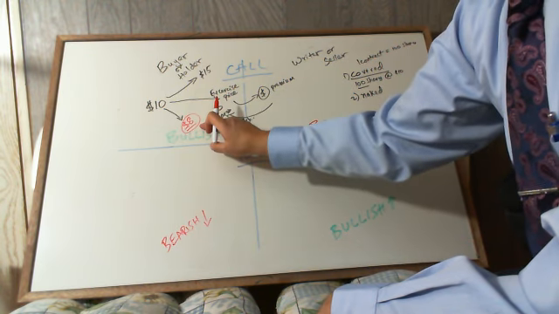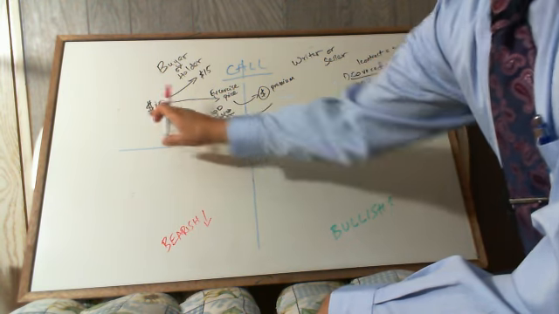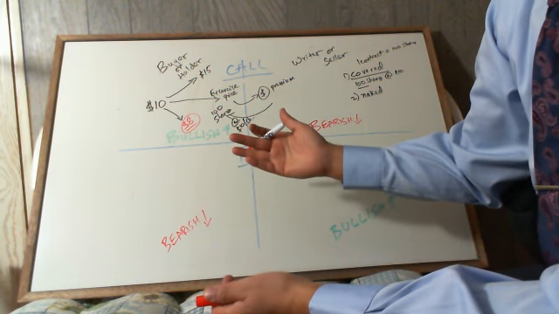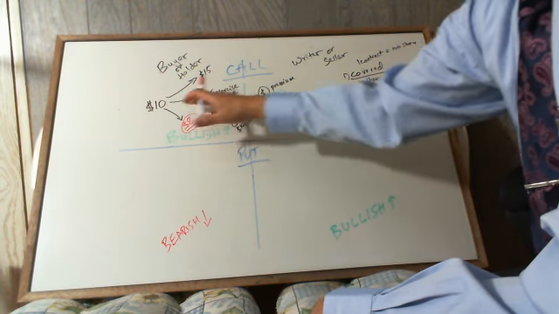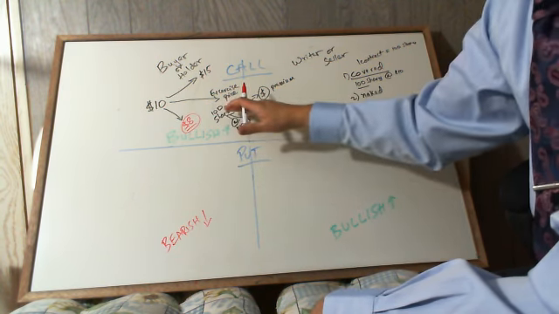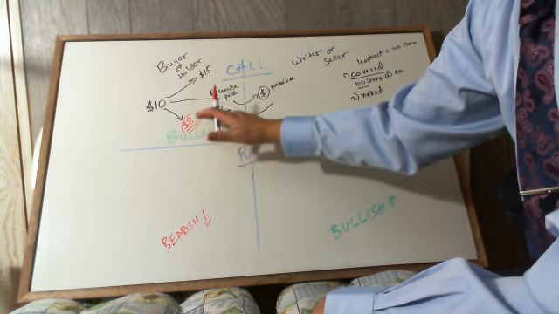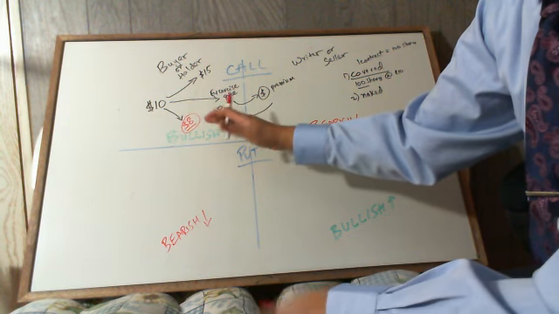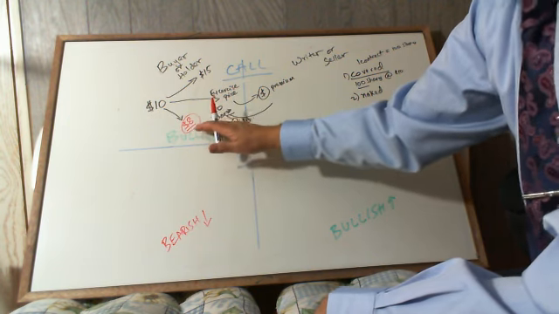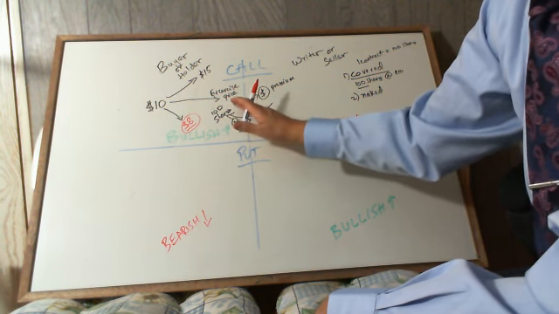Now if it's $8, this person wants to buy, suppose, 100 shares. Instead of exercising this and getting the shares at $10, he'll not do that. He'll just go to the market and buy 100 shares at $8 for $800, and he will not be exercising this call option.